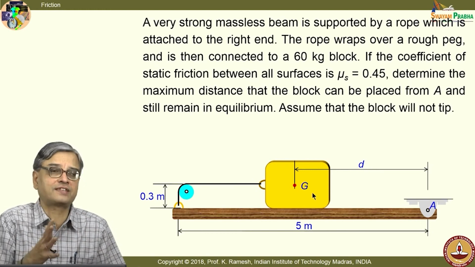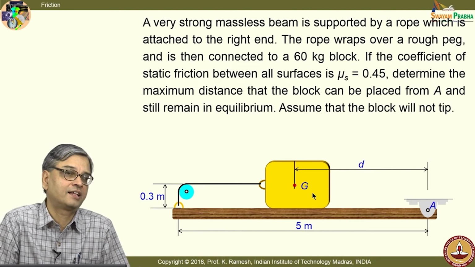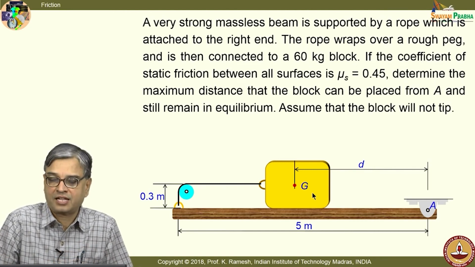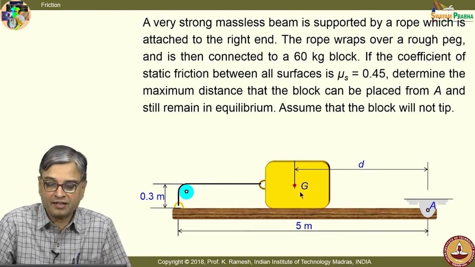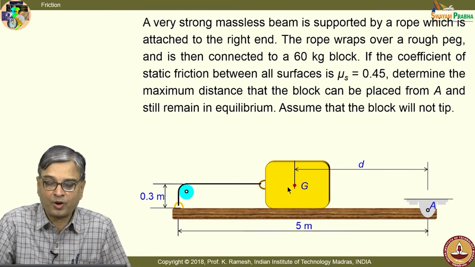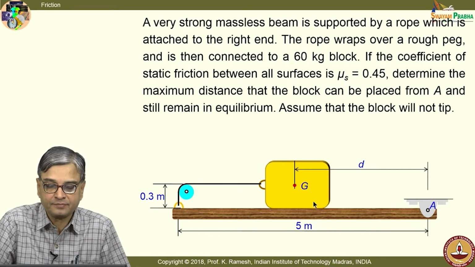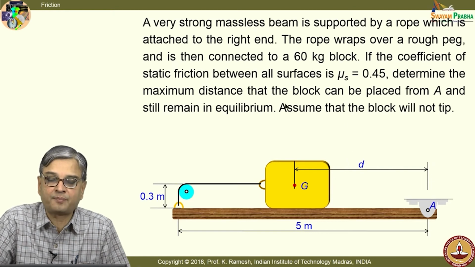Can you visualize the physics? I can keep this block anywhere here. So, the block will try to keep the beam horizontal. We want the beam to be horizontal. Now, the question asked is, what should be the maximum distance that the block can be placed from A?